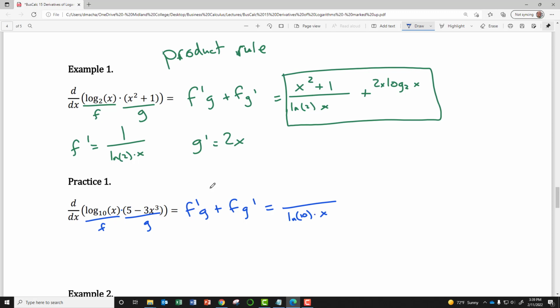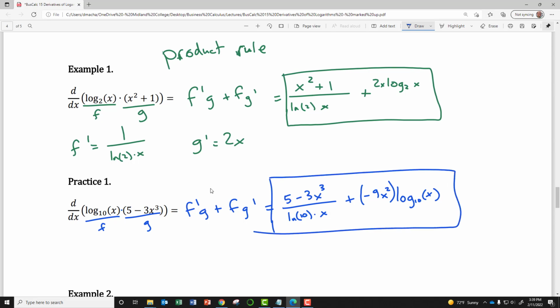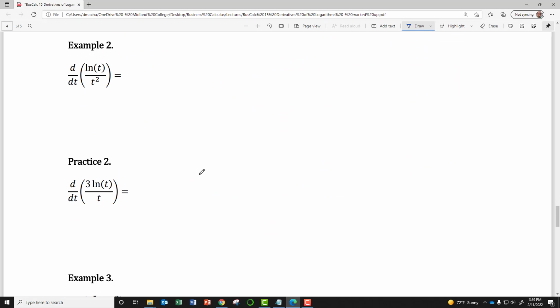That will be f prime, and g is just going to be 5 minus 3x cubed, plus, when I do fg prime, this will be not natural log, logarithm base 10 of x, and that's f, and then I need g prime, and so g prime is going to be, let's see, negative 9x squared. There we go. Hopefully that's your solution.